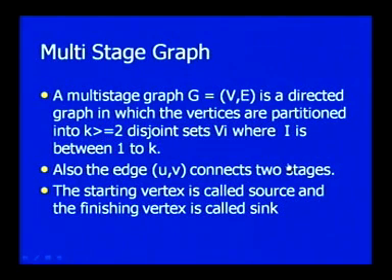But if you take some other multi-stage problems, this greedy approach may not work. So, before proceeding further, let me give the definition of a multi-stage graph. A multi-stage graph G equal to (V, E) is a directed graph in which the vertices are partitioned into k greater than or equal to 2 disjoint sets V_i, where i is between 1 to k.